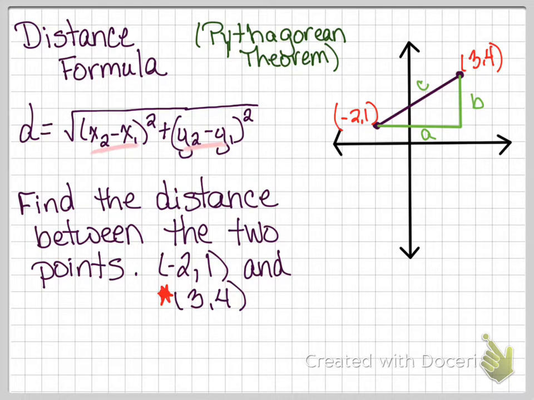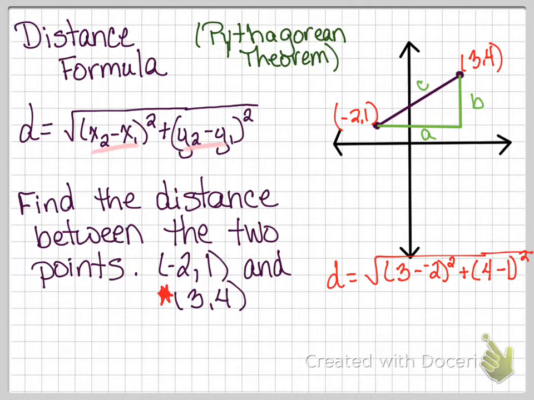So I'm going to start with 3. I am going to have 3 minus negative 2, and then I am going to square that. And I am going to add that to 4 minus 1, and I am going to square that.